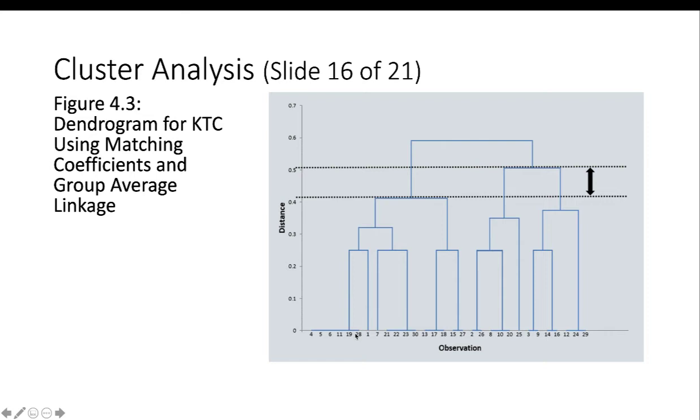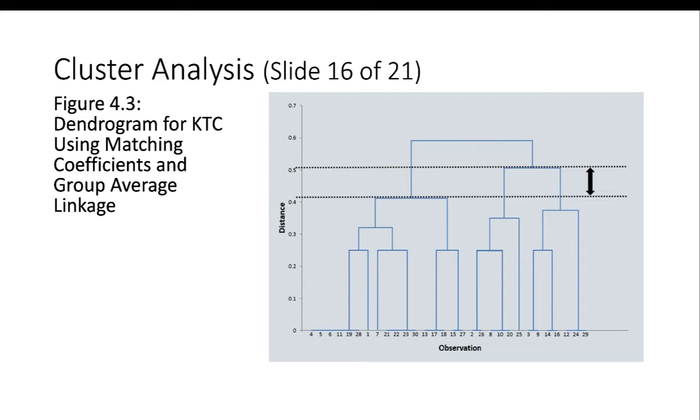To interpret a dendrogram at a specific level of aggregation, it's helpful to visualize a horizontal line, such as one of the black dashed lines that we have drawn across in here. The bottom horizontal black dashed line intersects with the vertical branches in the dendrogram 3 times, right? 1, 2, and 3. So each intersection corresponds to a cluster containing the observations connected by the vertical branch that is intersected.